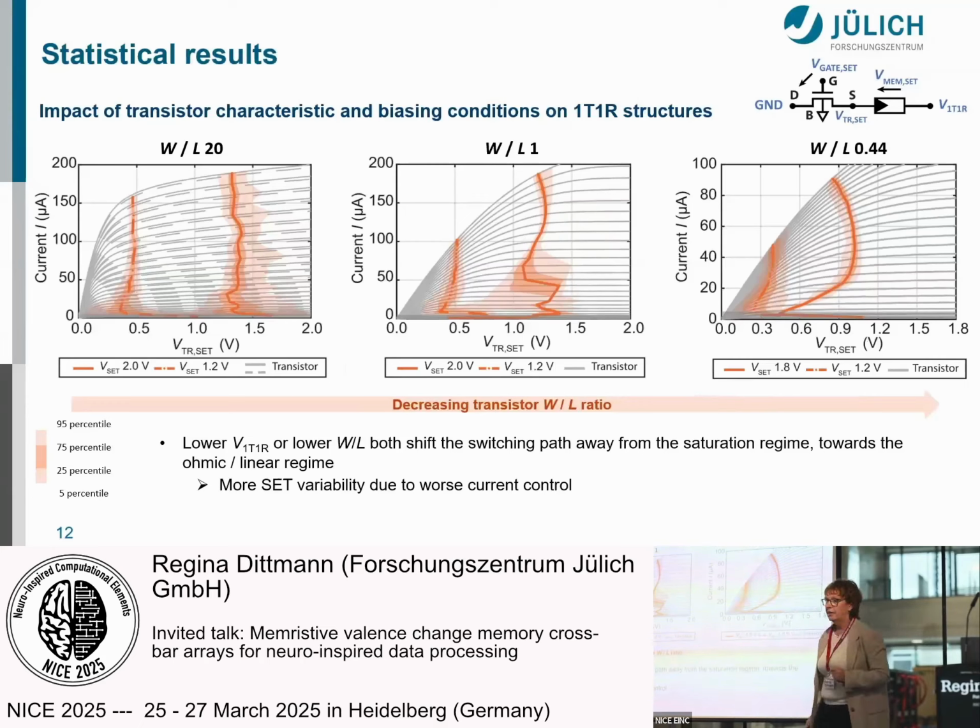So what we learned from this is that you have to properly adapt your transistor to the memristor you are using, as well as to the operation regime. It's not plug and play, taking a transistor and creating a 1T1R structure.